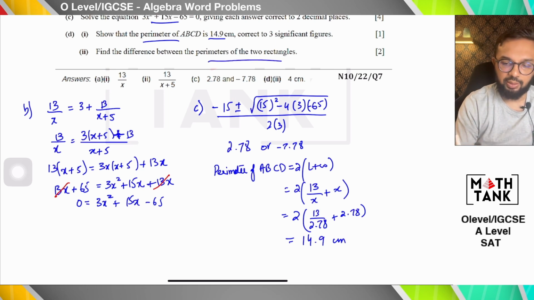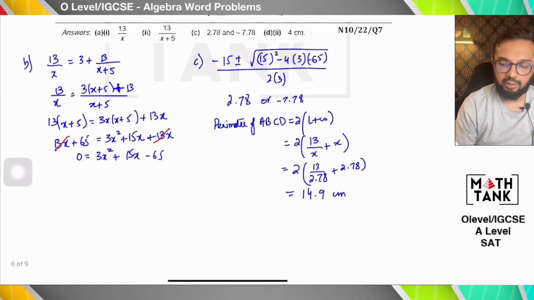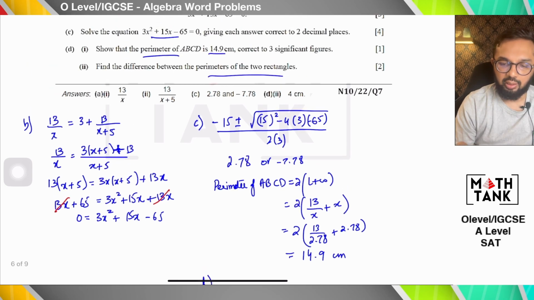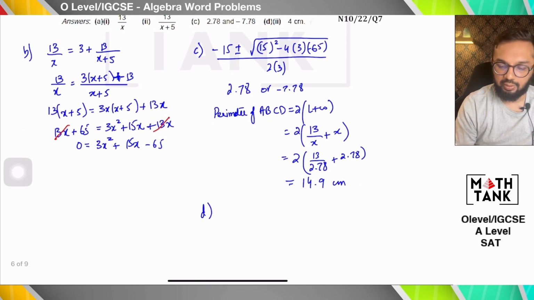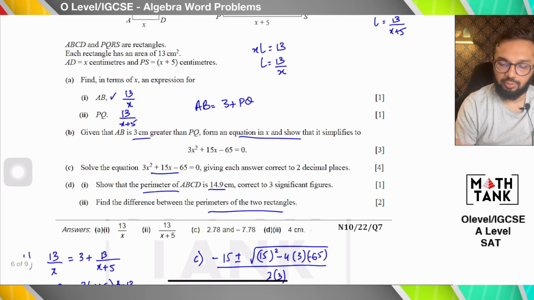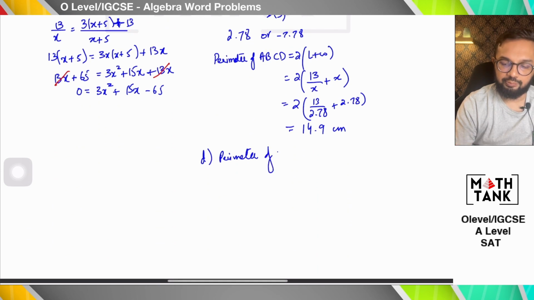Find the difference between the perimeters of the two rectangles. I can calculate the other perimeter in front of me. I'm going to say that the perimeter of PQRS is 2 times L plus W, so 2 times 13 over x plus 5, plus x.